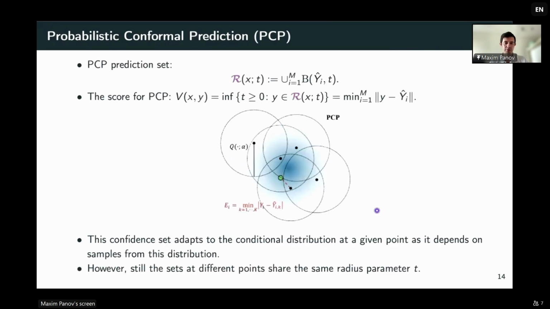To illustrate, you generate, for example, five samples, as you see here in black dots, and then your confidence set becomes the union of these balls. The goal of conformal prediction then becomes to just select the radius t, which will ensure the marginal coverage, and it can be done by standard conformal prediction.